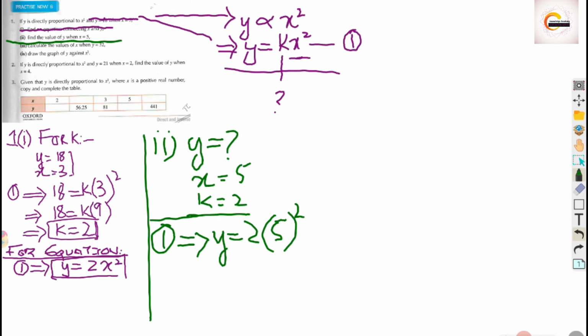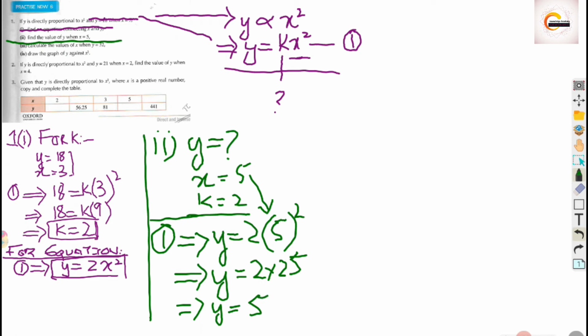Now the value of x is 5. I'm going to put this value in place of x and square it. So y is equal to 2 multiplied by 25. That's going to be 25 multiplied by 2 is 50.